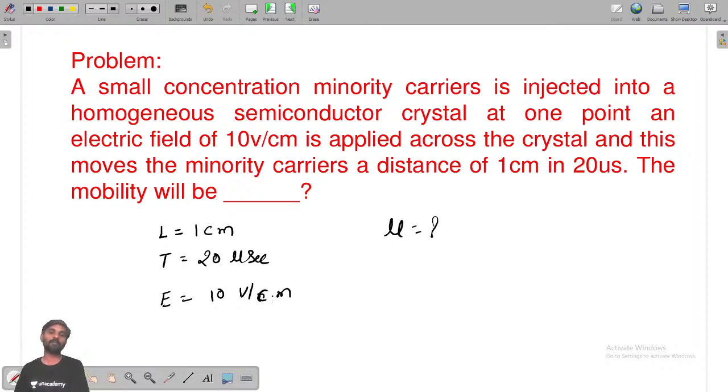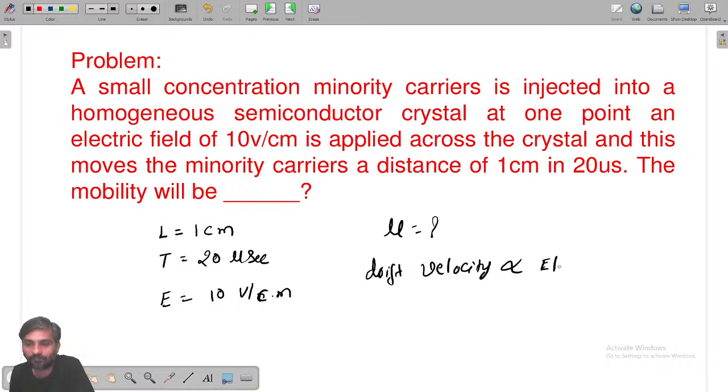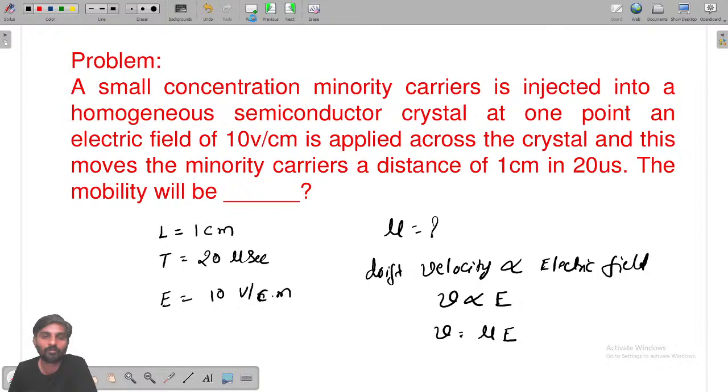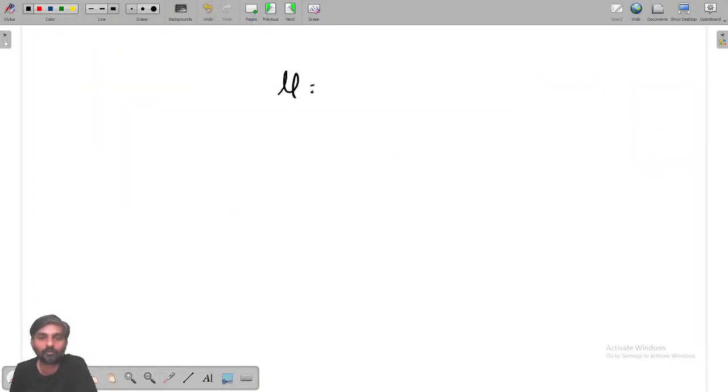From where will you get mobility, sir? You will get mobility from drift velocity. Drift velocity is directly proportional to electric field. That is, V is directly proportional to E, and V is equal to mu E. So mu is equal to V by E. What is V?